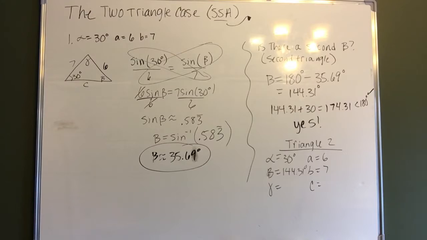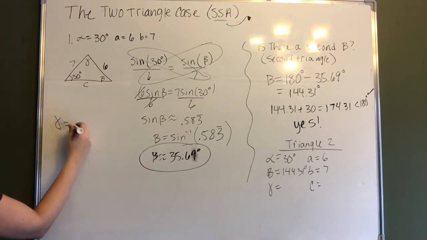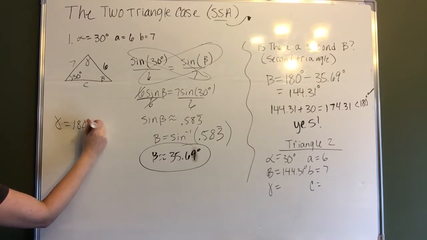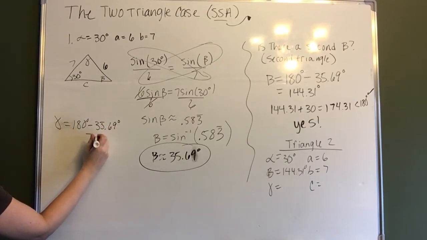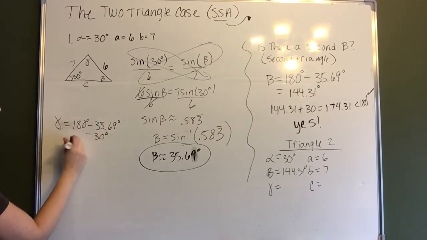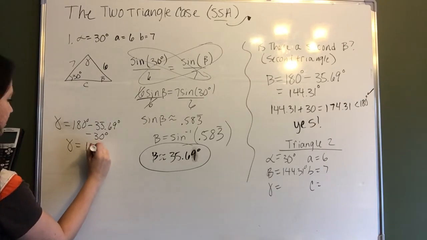All right, so what we're gonna do is, to get gamma, now that we know what beta is, we just take 180 and subtract beta and subtract alpha. So you end up getting, if we subtract 180 minus 35.69 minus 30, you get 114.31.